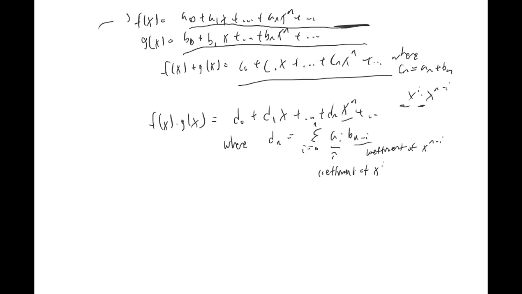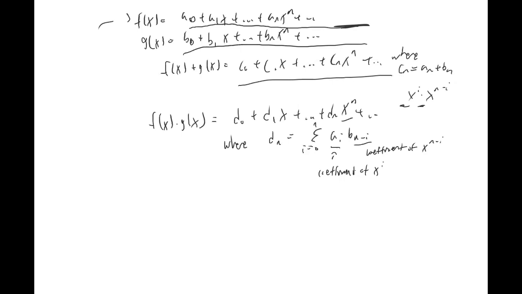If n was 5, for example, then you go x to the fourth times x, x cubed times x squared, and so on. It's just the FOIL law. And it's clear this is a binary operation because if all but finitely many are 0 above, then all but finitely many are 0 in the product.